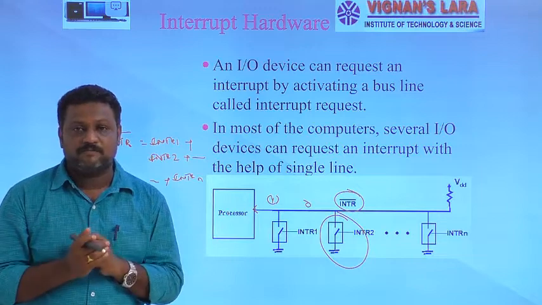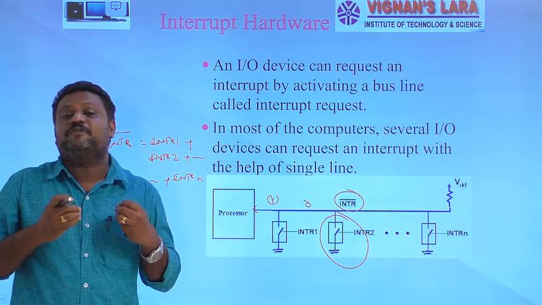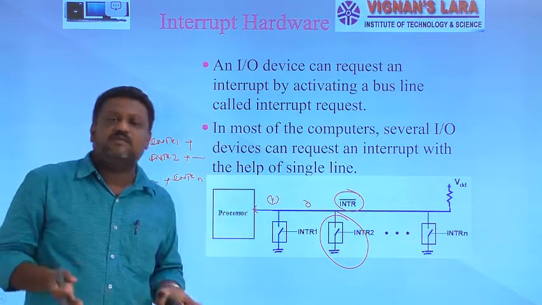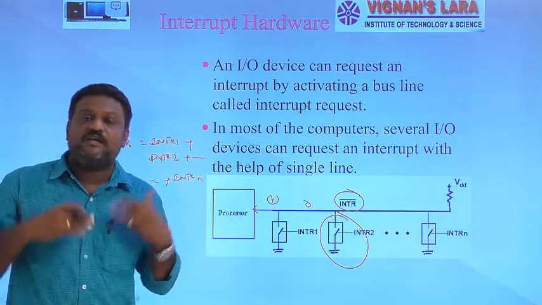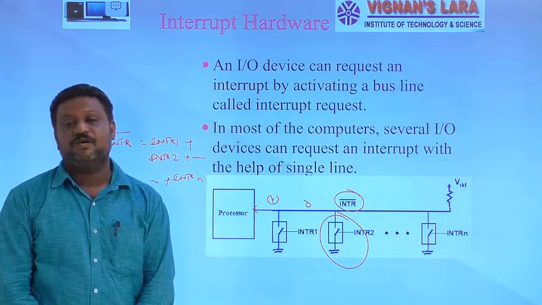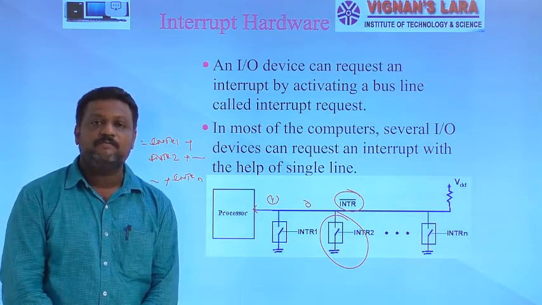That was important. So until it receives an acknowledgement signal from the processor, it will maintain the logic level on this INTR bar equal to 0. Once it receives the acknowledgement signal, it changes the logic level on the INTR bar signal from 0 to 1. That means the device gets a service from the processor end.